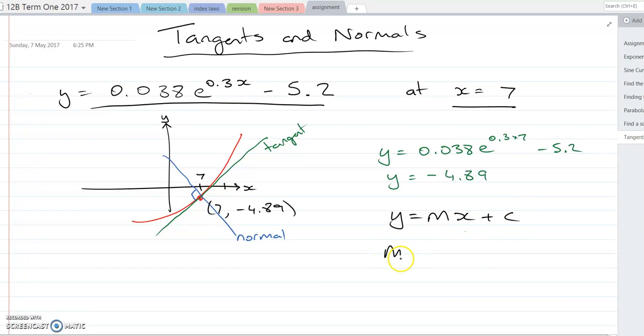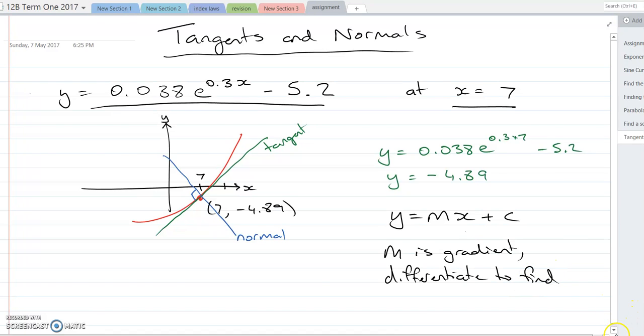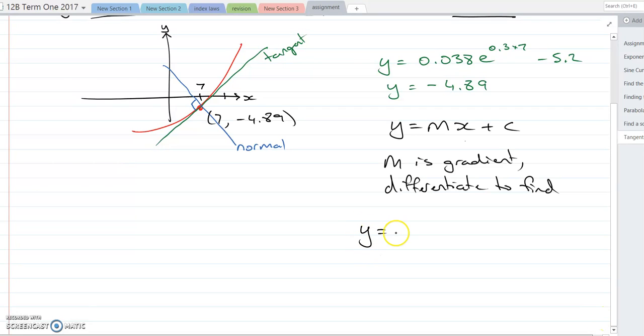You find m by differentiating. So m is gradient. Differentiate to find it. So we take y equals 0.038 e to the 0.3x minus 5.2.